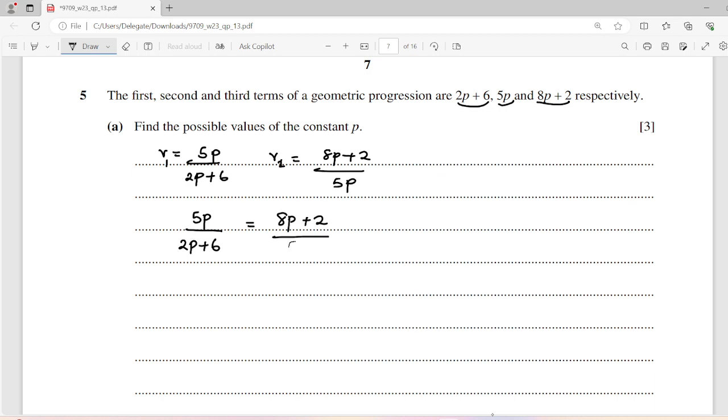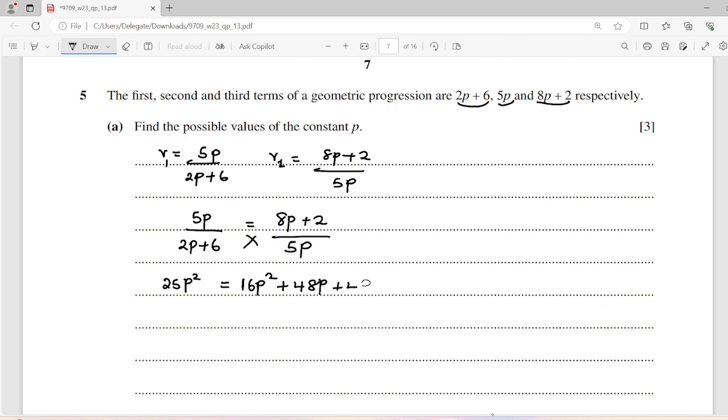So I'll have 5p over 2p plus 6 equaling 8p plus 2 over 5p. You cross multiply, we end up having 5p times 5p, which is 25p squared, equaling 8p times 2p, that is 16p squared, 8p times 6, which is 48p, 2 times 2p, which is simply 4p, 2 times 6, which is 12.